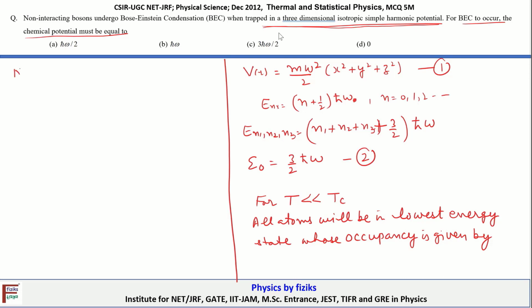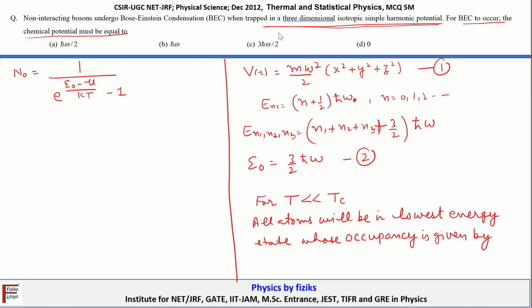So the occupancy of the ground state, that is equal to n naught, is equal to 1 upon e power E0, the energy of the ground state, minus mu upon kT, minus 1.